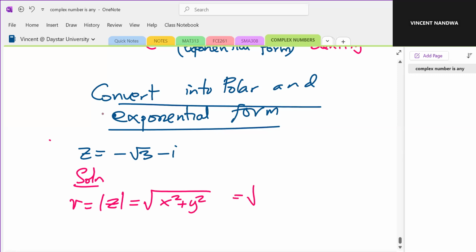In this case, we'll have the square root of minus root 3 squared plus minus 1 squared, and the answer would be 2, because we'll be having square root of 4 which is 2. Remember, the modulus or length or absolute value of z is given by the positive square root.